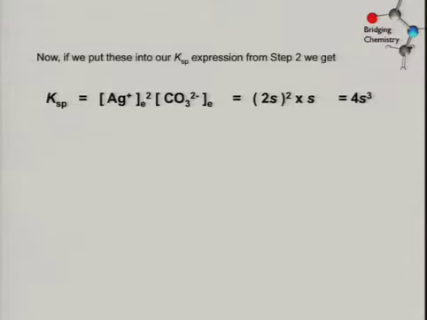In the same way that there's nothing on the bottom of the KSP expression for the reactant because it's a solid, and there's a rule that says you don't put that in, there's another rule that says that if there's a 2 in the balancing, we have to square the concentration. And so suddenly I'm seeing the usual number of worried faces, the dilemma of the 2 2s. Why do you do it twice?